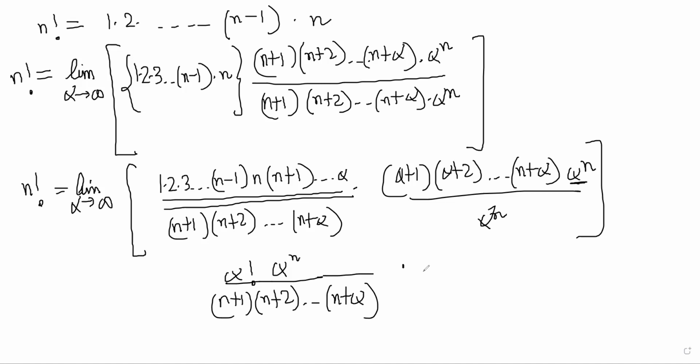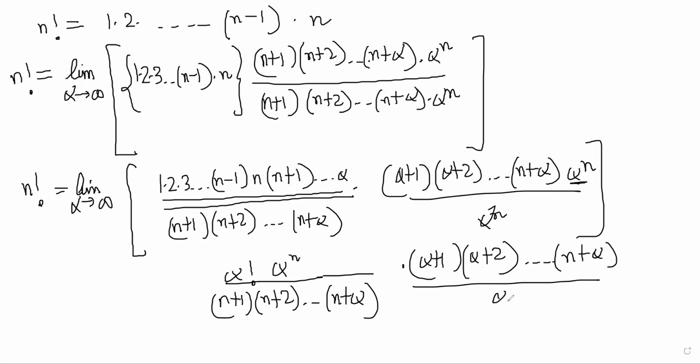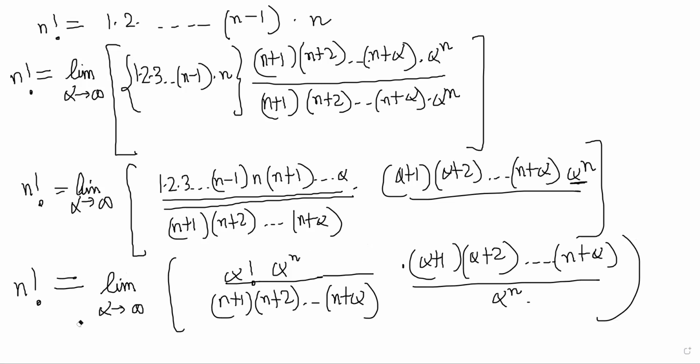And we are multiplying it with alpha plus 1, alpha plus 2, and so on till n plus alpha by alpha power n, right? Great. And the whole thing is taken as limit alpha tends to infinity, right? Okay, so this is n factorial is equal to this. We have done nothing major so far. We have just rewritten the terms, included alpha, and we have rearranged it to make it look like this, right?